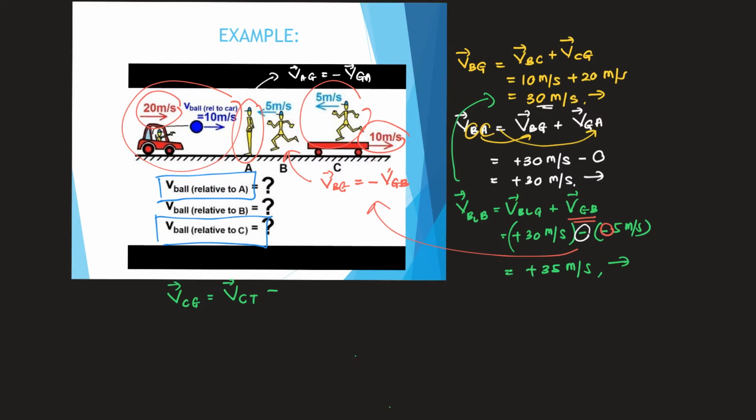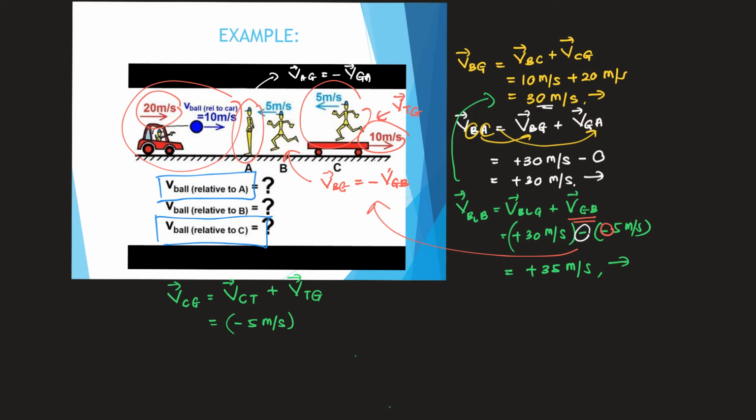So it's going to be plus the velocity of the trolley with respect to ground. What happened here is the velocity of C with respect to trolley is going to be to the left, which is negative 5 meters per second. And here the 10 meters per second represents the velocity of the trolley with respect to ground.